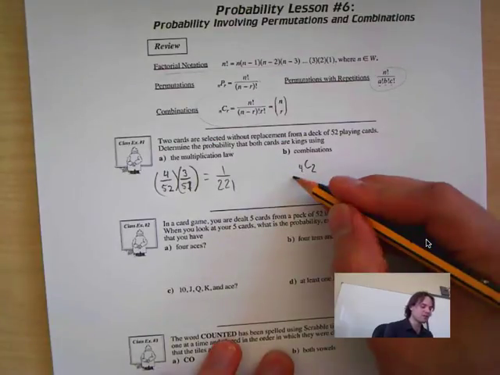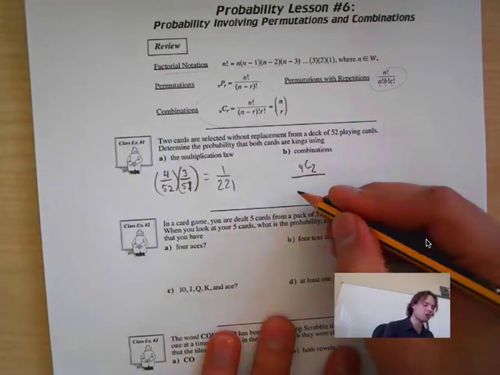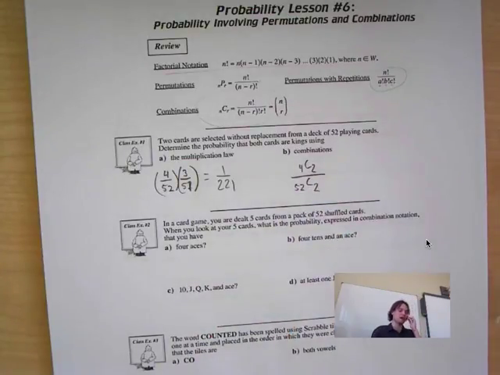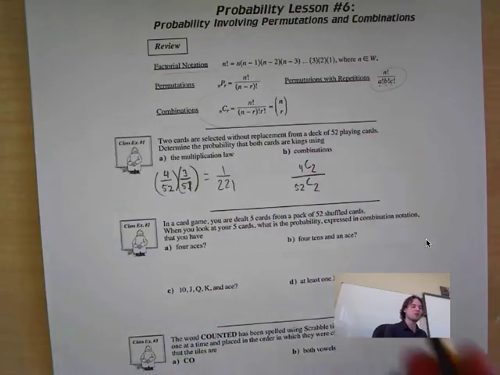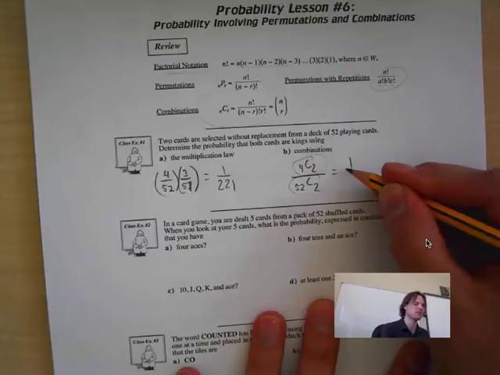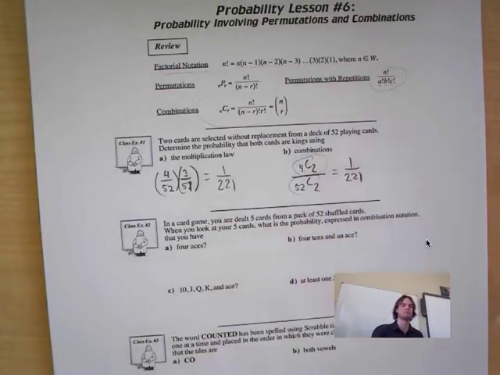Now, how many cards are there in the deck? There are 52 cards, and out of all those 52, we're choosing 2. So this is my total possibilities, and this is the wanted. If we plug that into our calculator, we'll get the same thing, 1 over 221.